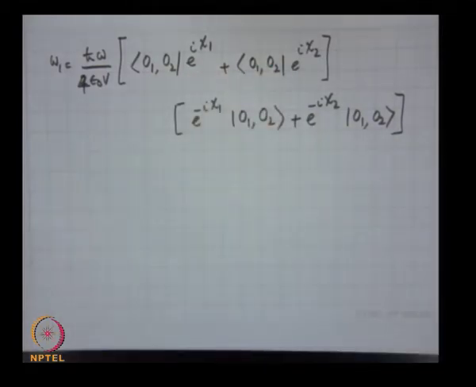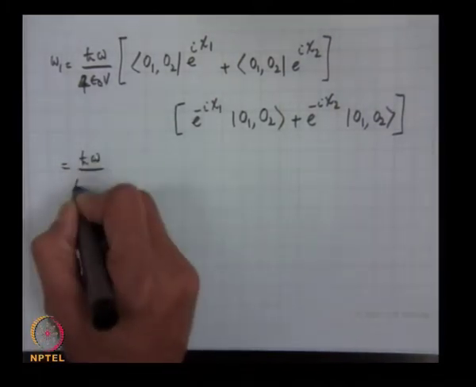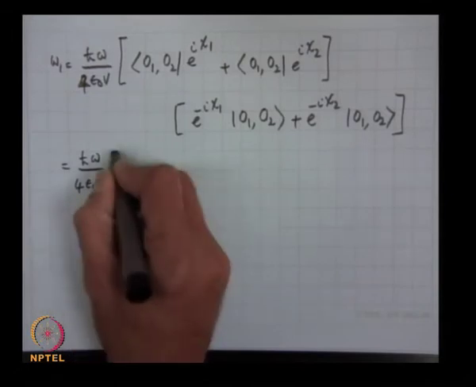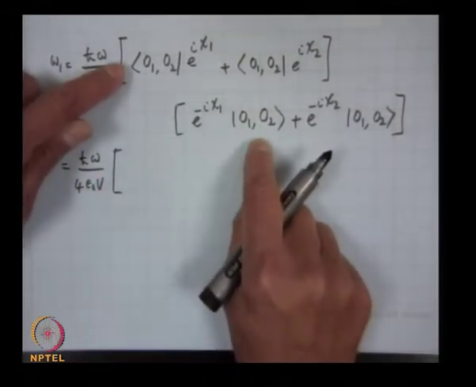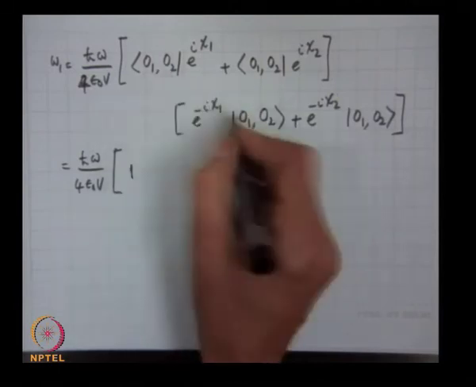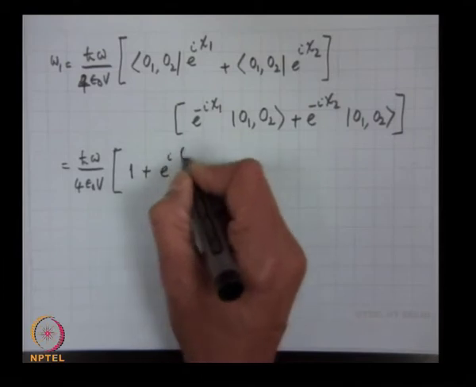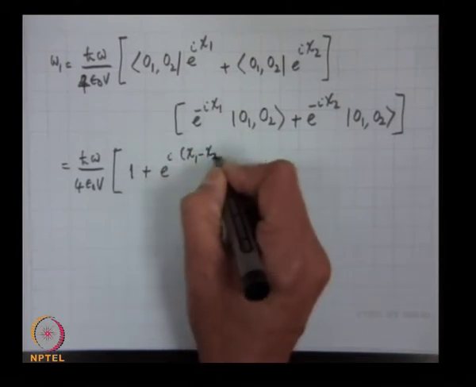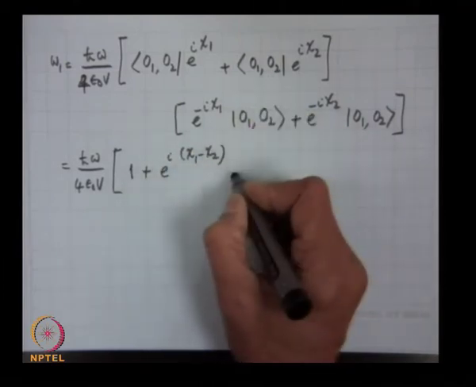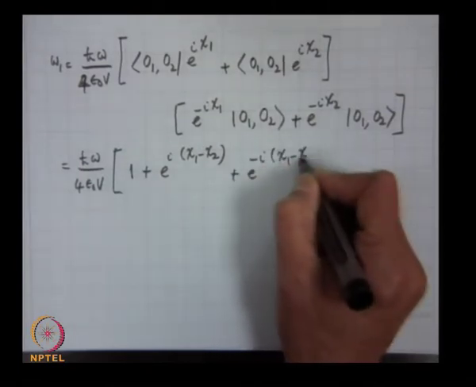So let me open this bracket. H cross omega by 4 epsilon 0 V. So this into this is 1. This into this is plus exponential I chi 1 minus chi 2. This into this is exponential minus I chi 1 minus chi 2.